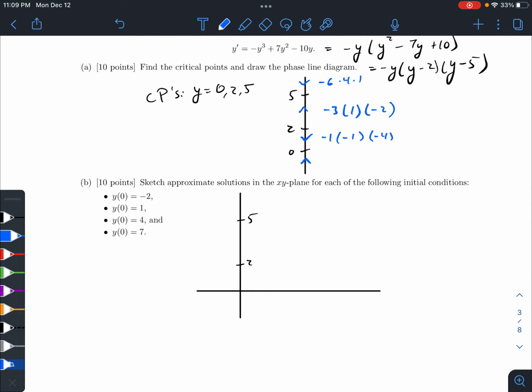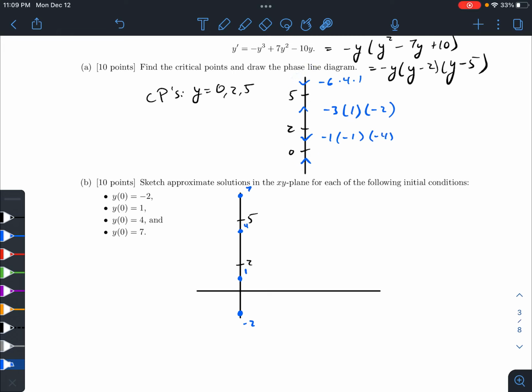Okay, so we are going to plot these points. So here's going to be 0, negative 2. Here's going to be 0, 4. Here's going to be 0, 1. And here's going to be 0, 7.